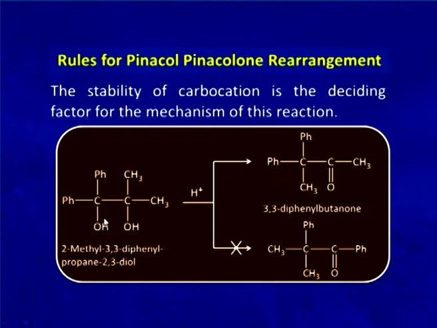Whereas, when protonation takes place at this carbon, the stabilization of the tertiary carbocation takes place only because of the plus I effect of 2 methyl groups. As a result, this carbocation is more stable, and that is why protonation preferentially takes place at this hydroxy group, and there is formation of the product like this, and not this product.